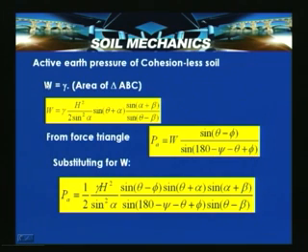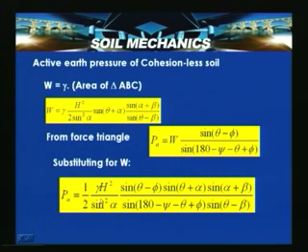Now, substituting for W in this, we can get an expression PA is equal to half gamma h square divided by sin square alpha into sin theta minus phi into sin theta plus alpha into sin alpha plus beta divided by sin 180 minus psi minus theta plus phi into sin theta minus beta.